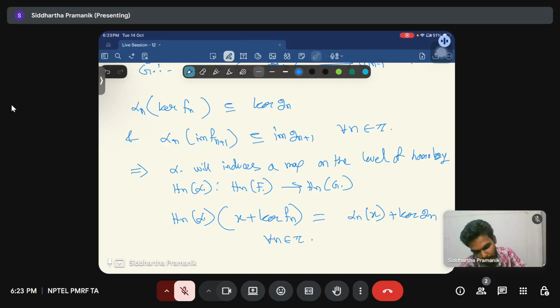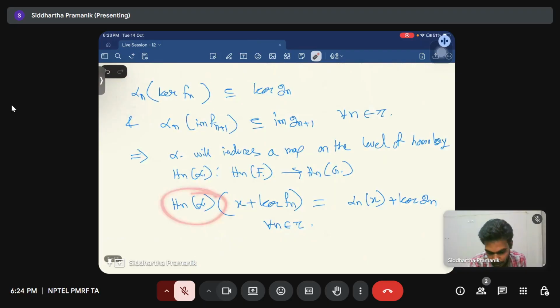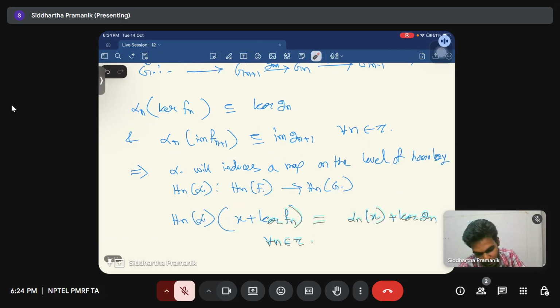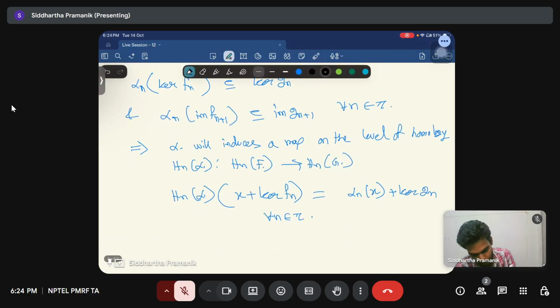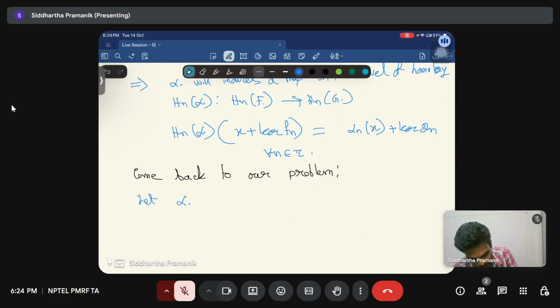So we need to prove that if we are given this map alpha, and alpha is an isomorphism, then hn alpha is also an isomorphism, but the converse is not true. So how to prove this? Now come back to our problem, and let alpha be an isomorphism.